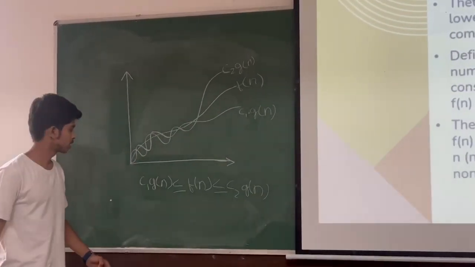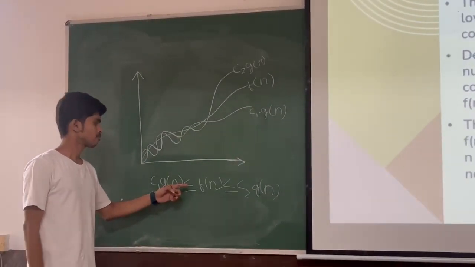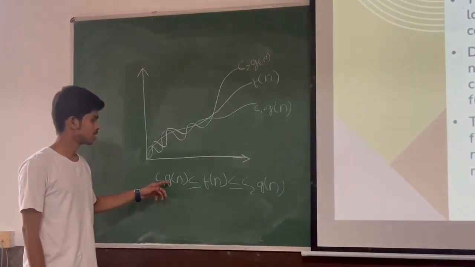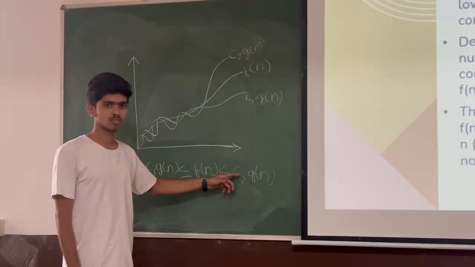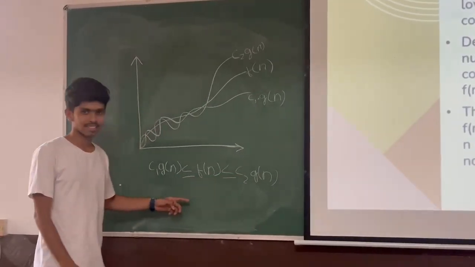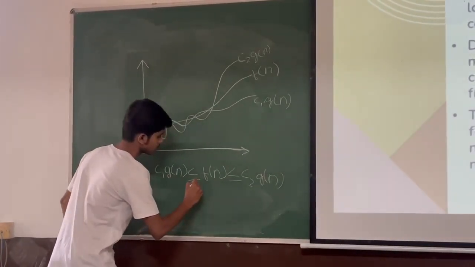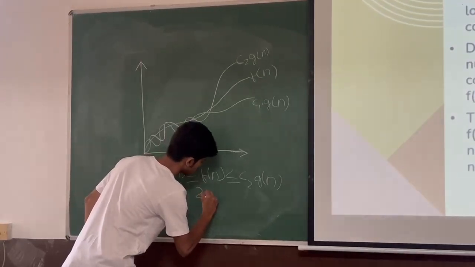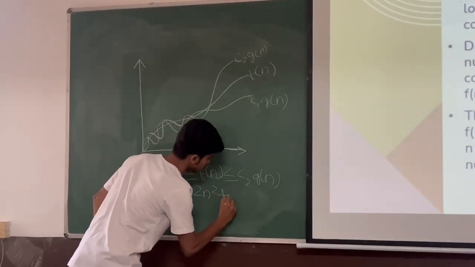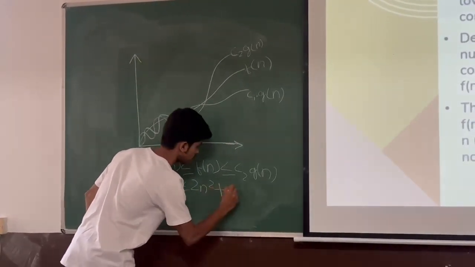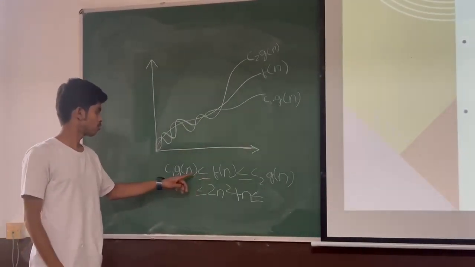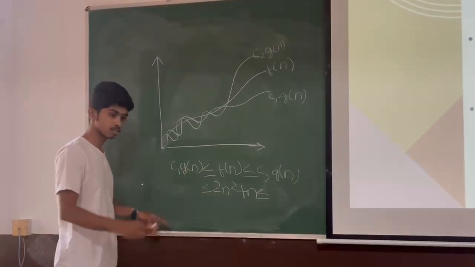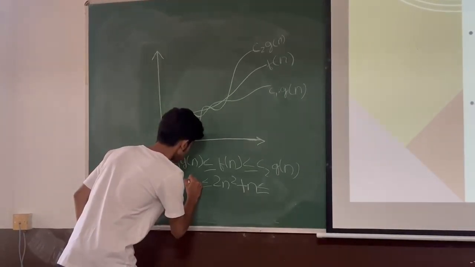It's represented using an equation. Function f of n should be greater than c1 of g of n and it should be lesser than c2 of g of n. For example, consider the function 2n square plus n.